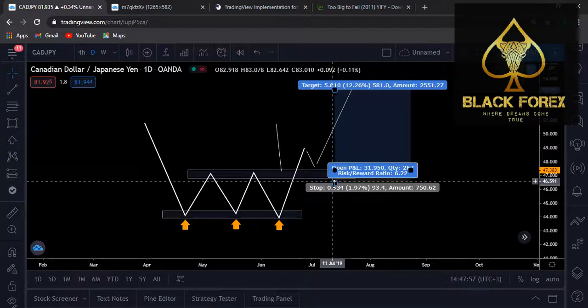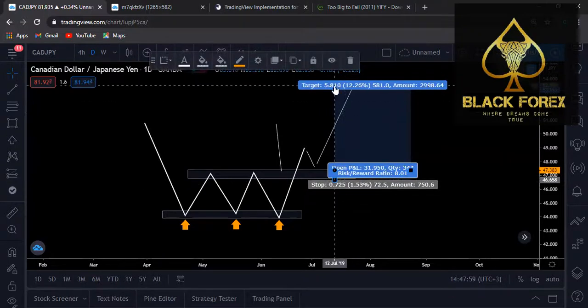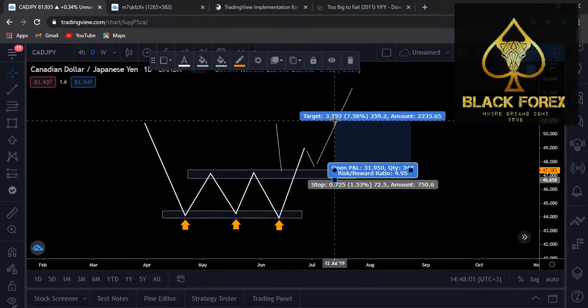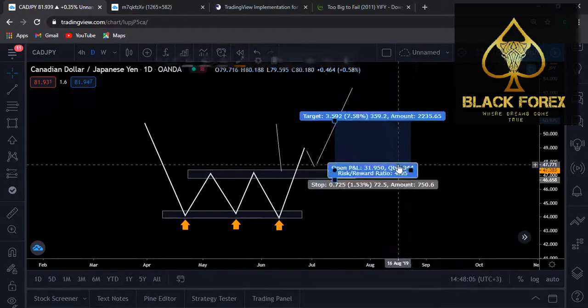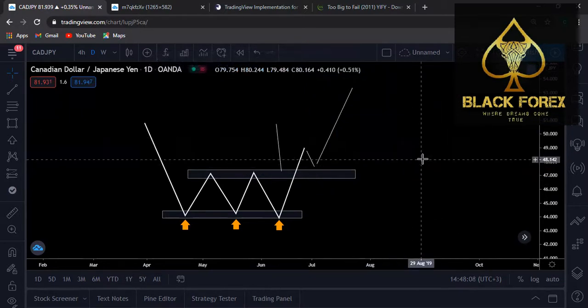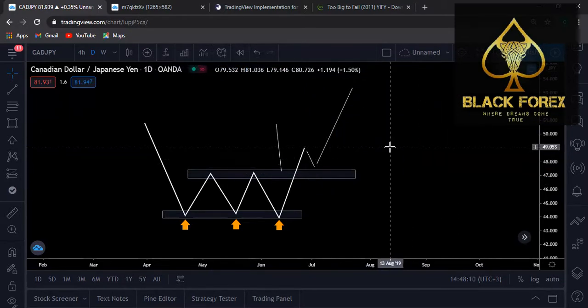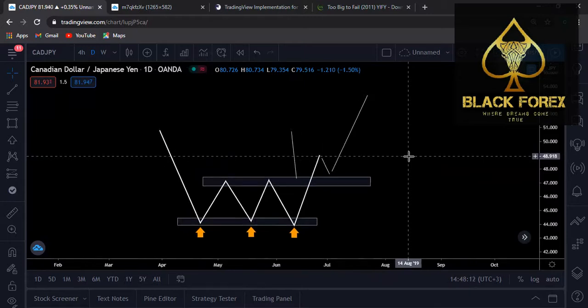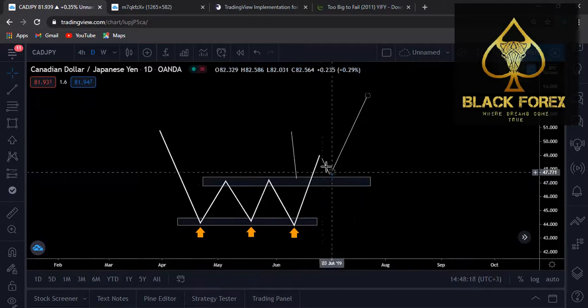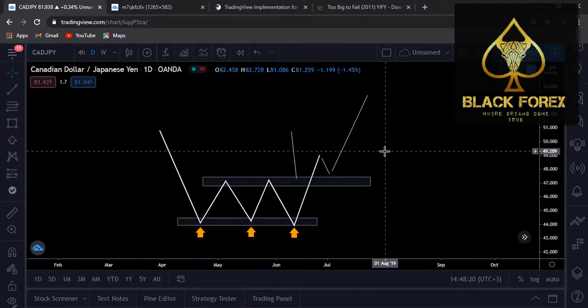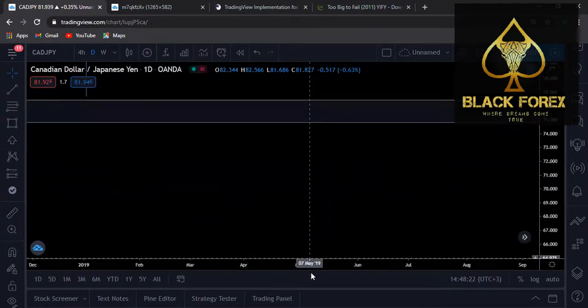Therefore, your entry position will determine what the risk to reward ratio will be, right? So let's dive right into the markets and see how we can incorporate this into our trade.